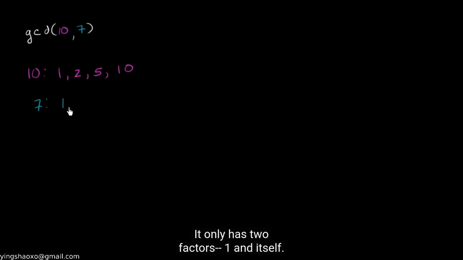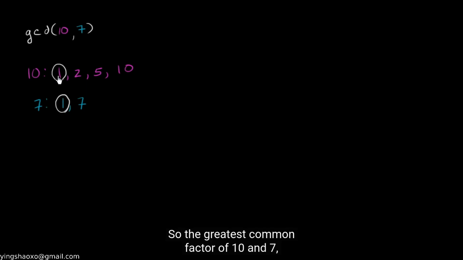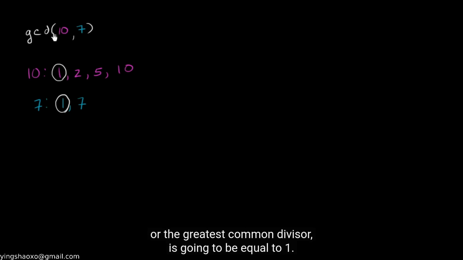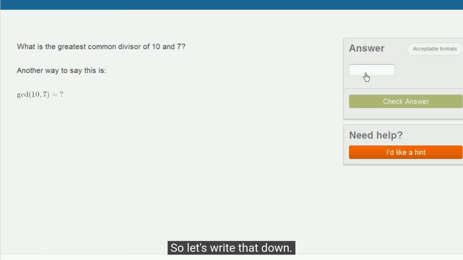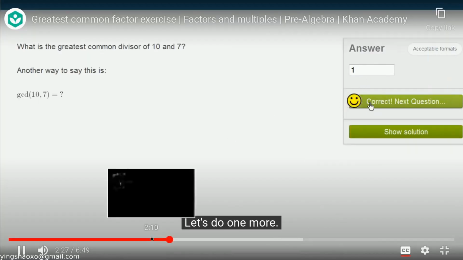Well, 7's prime. It only has two factors, 1 and itself. So what is the greatest common factor? Well, there's only one common factor here. 1 is the only common factor. So the greatest common factor of 10 and 7, or the greatest common divisor, is going to be equal to 1. So let's write that down. 1. Let's do one more.